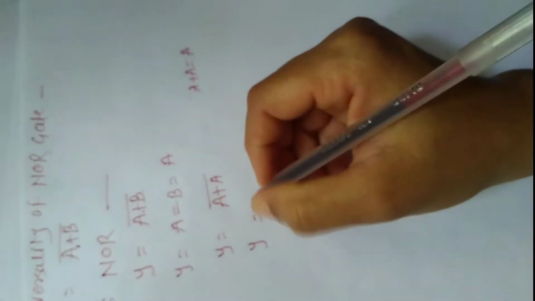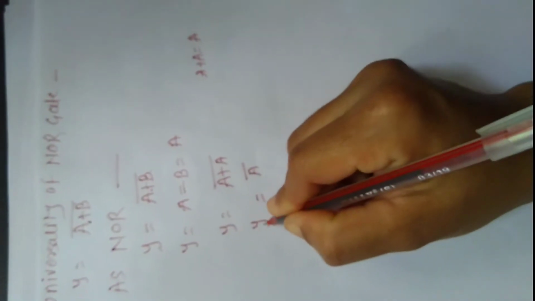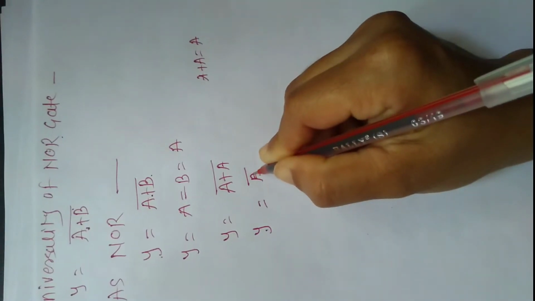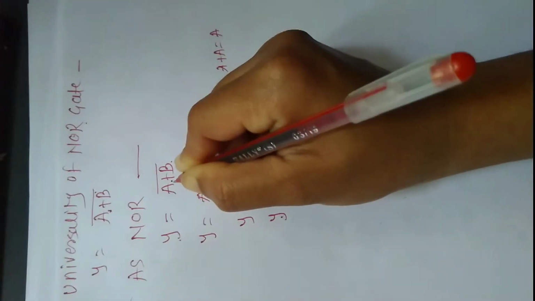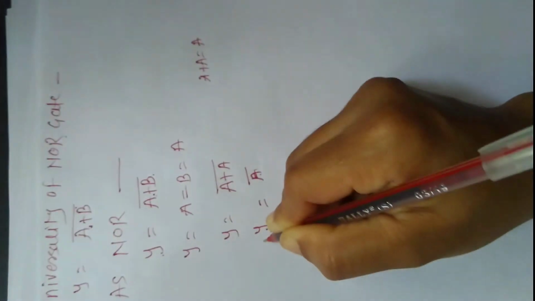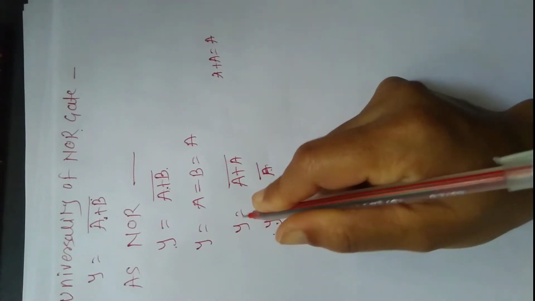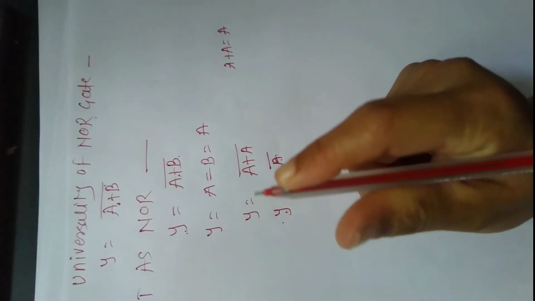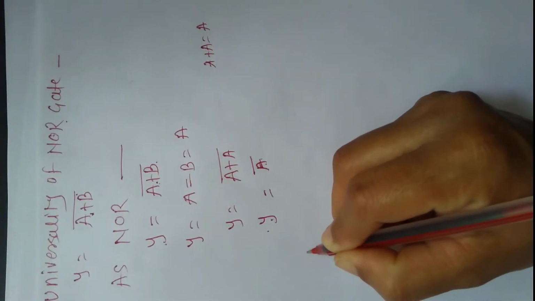So y is equal to a bar, that is the NOT gate expression. This is the universality of NOT as a NOR. The diagram is only in the form of NOR gate.